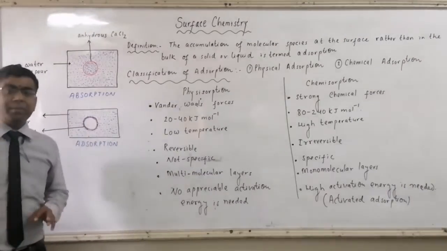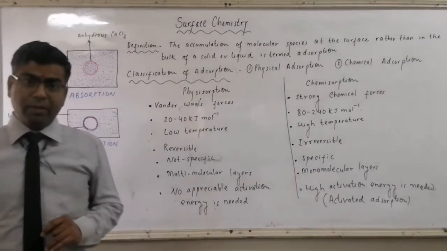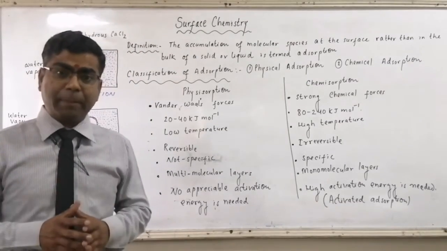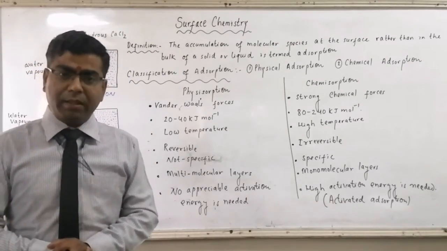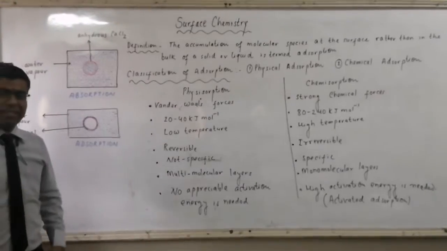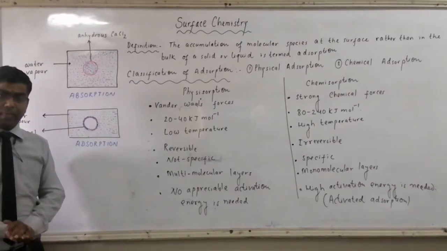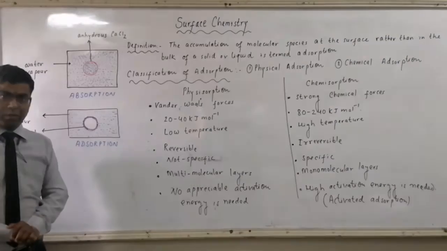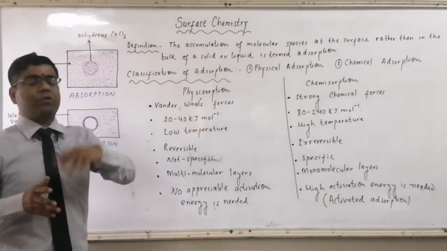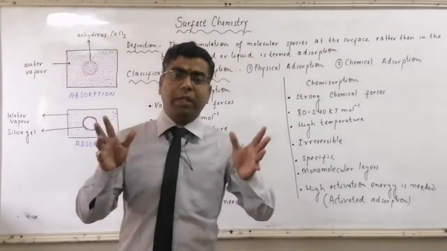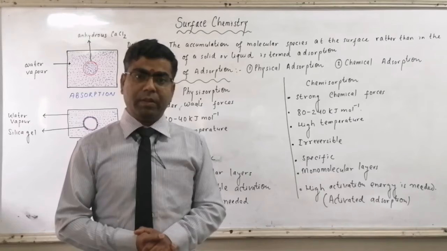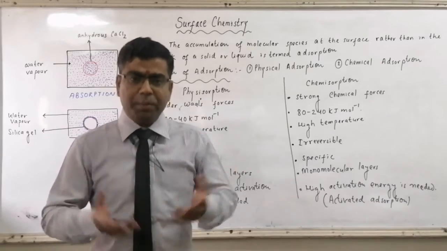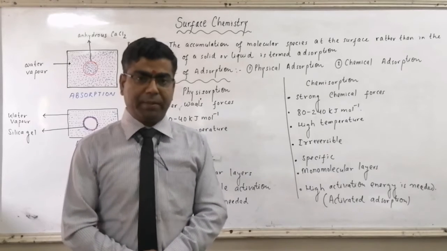So silica gel becomes adsorbent here. So the species which provides their surface for adsorption are called adsorbent, and water vapor which gets accumulated on the surface becomes adsorbate. So adsorbate plus adsorbent in total gives you adsorption. Adsorbate particles get adsorbed on the surface of adsorbent.